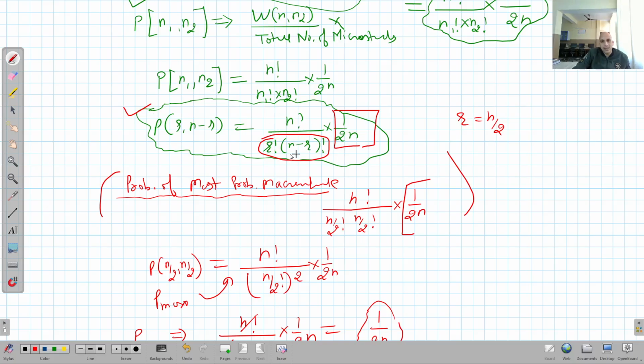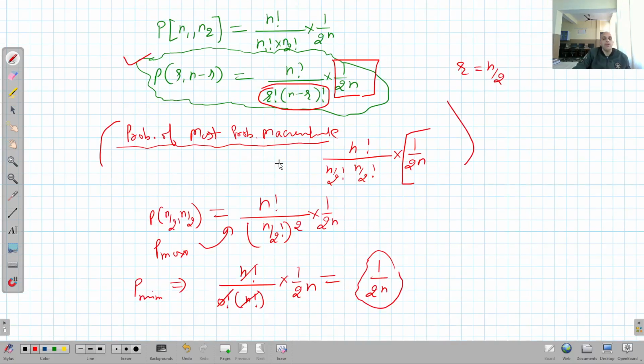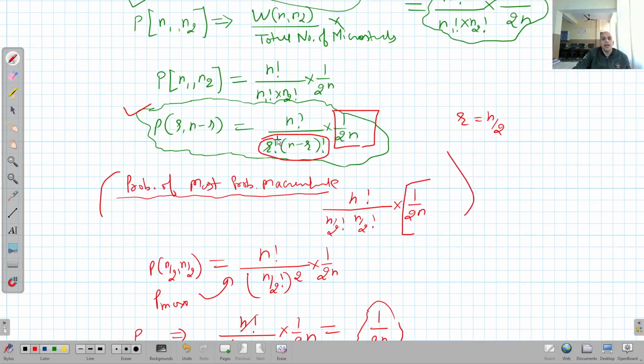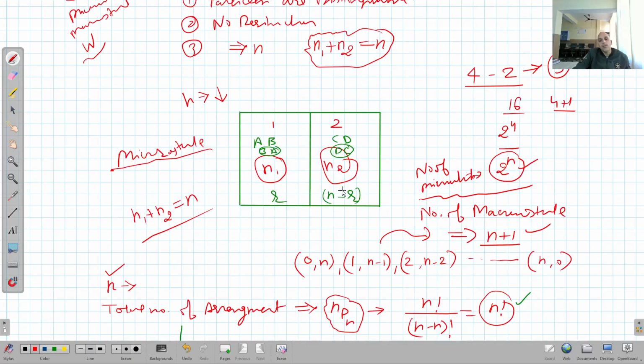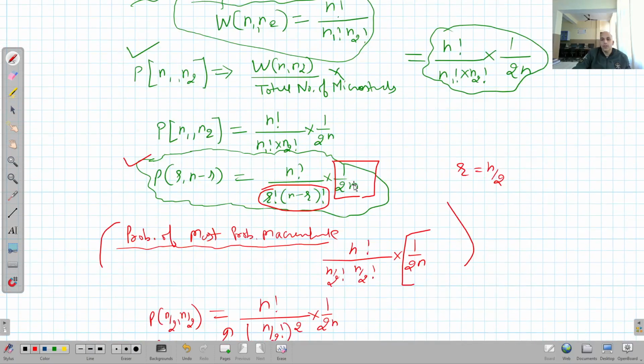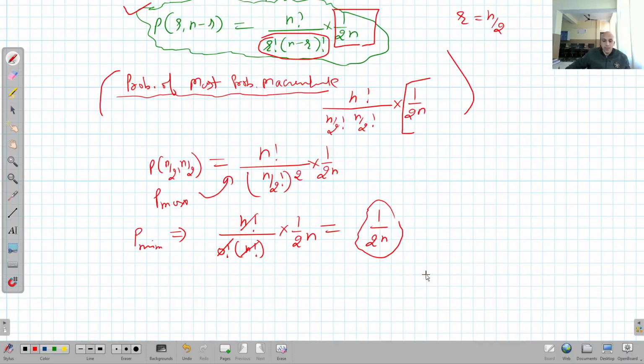So minimum means when this term is 1. This term is 1 when r is equal to 0 factorial, so r is equal to 0. All the particles are in one compartment, right? So it gives me the P minimum value. P minimum is equal to 1 upon 2 raised to power n, right?